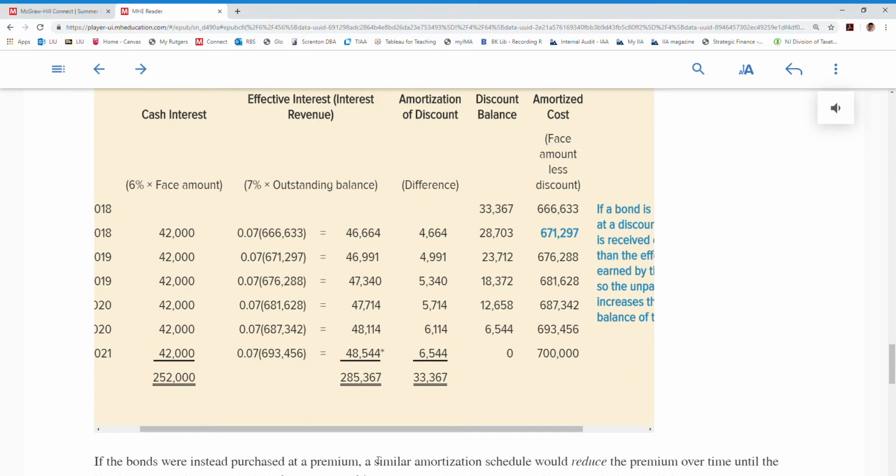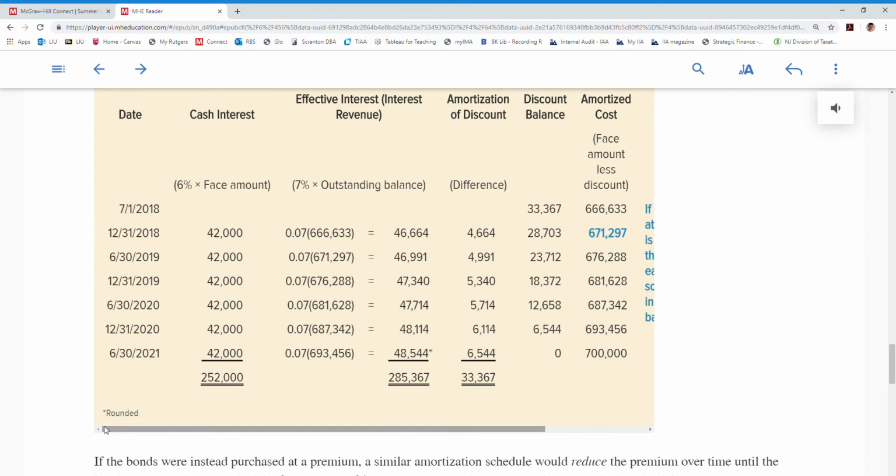Here we don't have the 6/30/2021; 6/30/2021 is the last one already. So basically what we see here is it ends up being at 700,000.